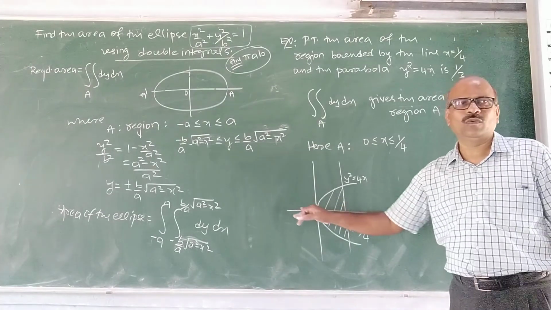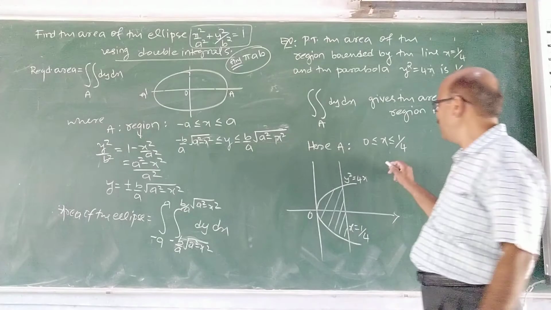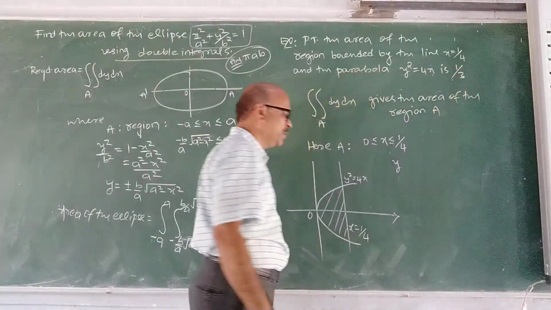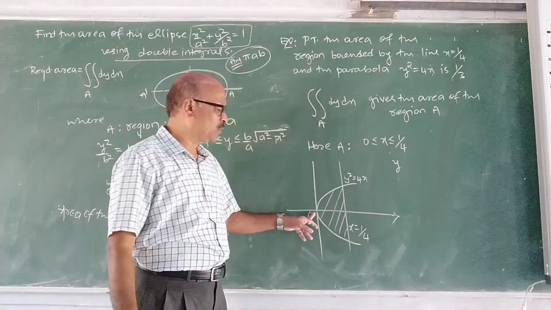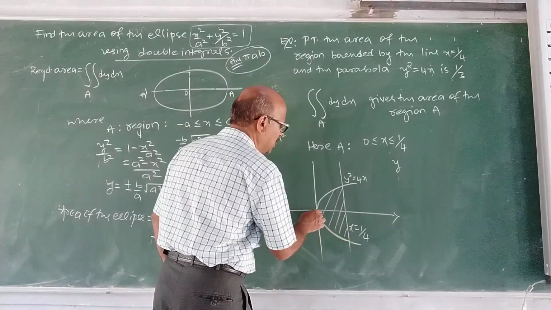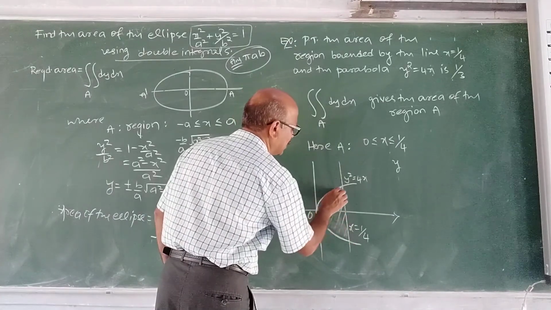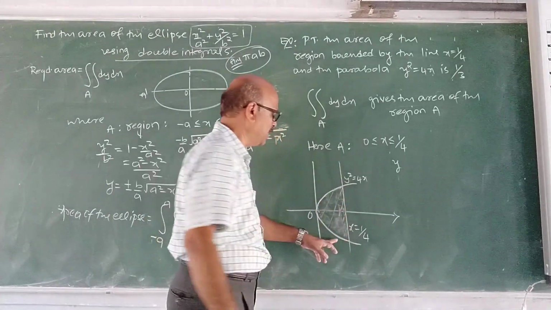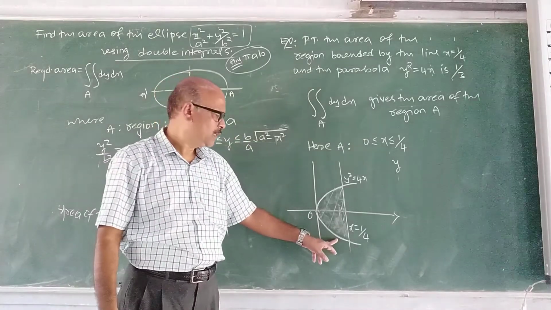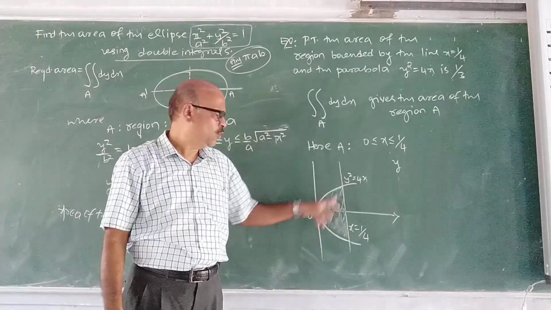x is not negative; it is greater than or equal to 0 and less than or equal to 1/4. How do we find the corresponding value of y? When x varies from 0 to 1/4, y lies in this region, but it has a boundary: the upper half of the parabola and the lower half of the parabola.